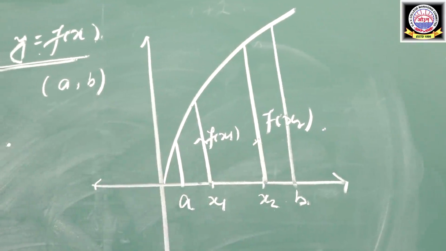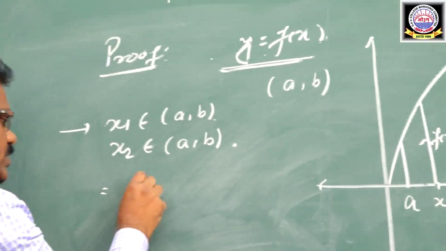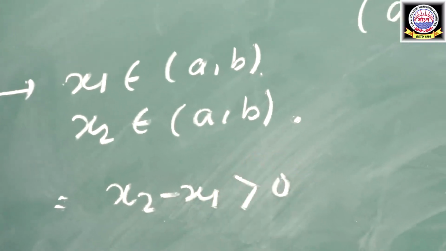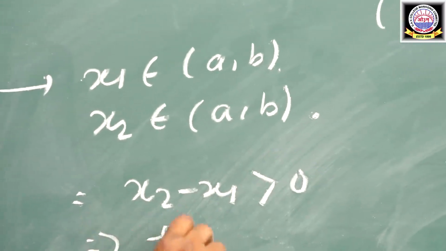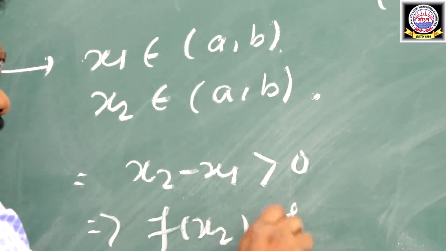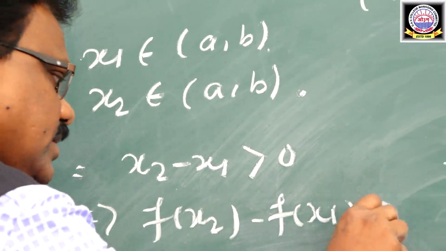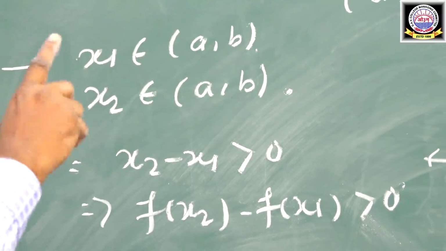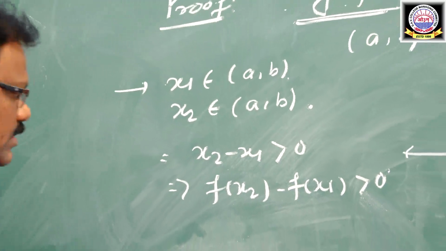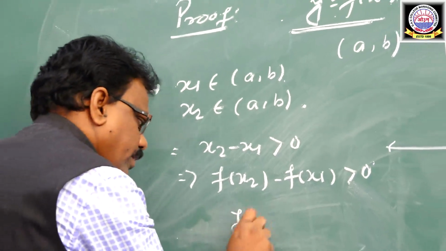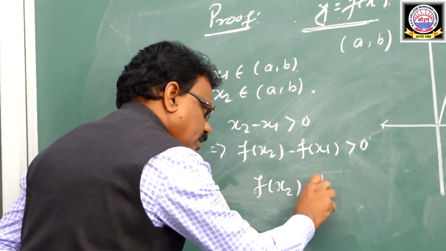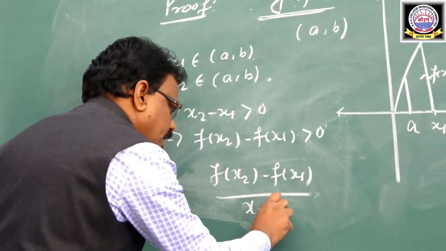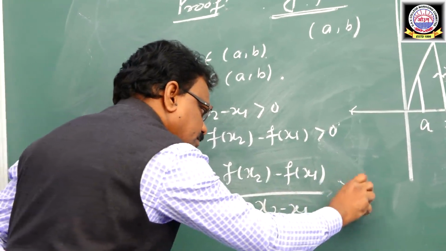So what am I getting? I am getting x2 minus x1 greater than 0, and simultaneously f of x2 minus f of x1 greater than 0, because f of x2 is looking at a bigger height than f of x1. So I can write f of x2 minus f of x1 divided by x2 minus x1 must be greater than 0.